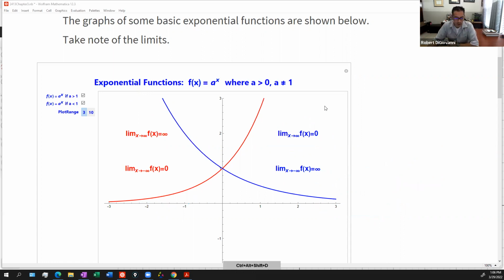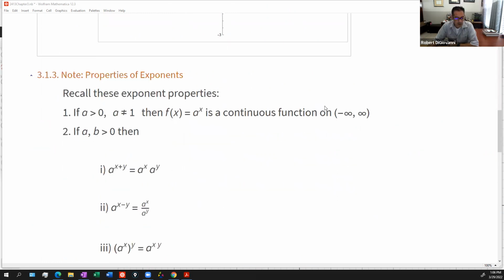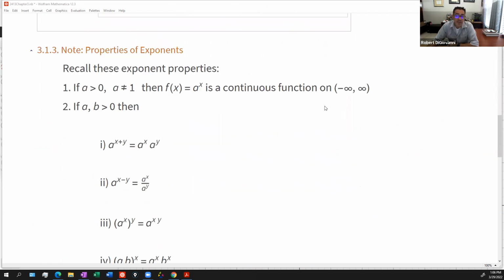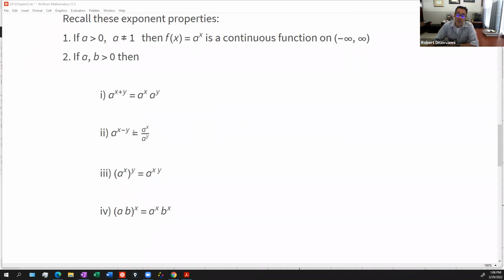Okay. Now, there are properties of exponents that you need to remember that are useful when we're dealing with exponential functions. A lot of these you've already seen. If you have two things being multiplied together with the same base and different powers, you add the powers together.